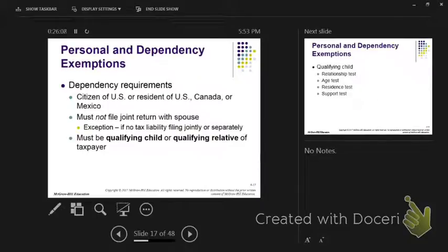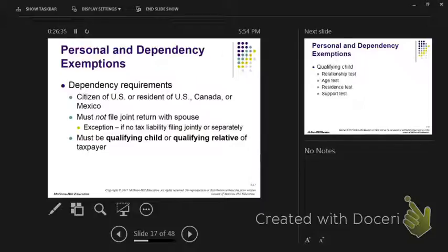And then what does it take to be a dependent? First of all, you have to be a citizen of the United States or resident of U.S., Canada, or Mexico. Right? So notice how it's citizen or resident of Canada or Mexico also counts. You cannot file joint with a spouse and be a dependent of somebody else. So I cannot be my parents' dependent if I'm filing a joint tax return with my husband. All right?